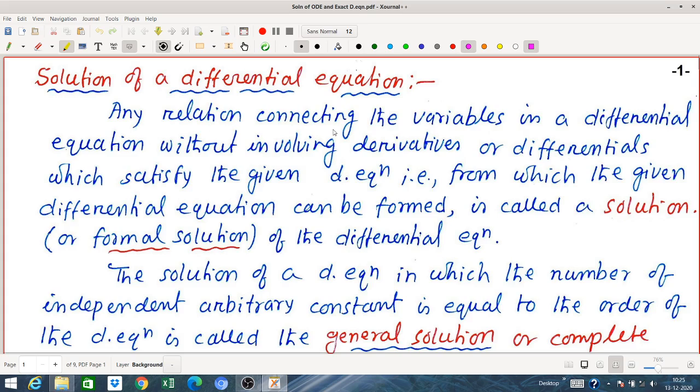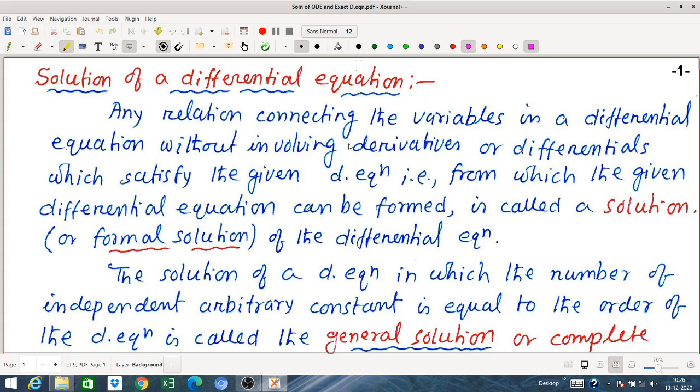Any relation connecting the variables in a differential equation without involving derivatives or differentials which satisfies the given differential equation, that is, from which the given differential equation can be formed, is called a solution or a formal solution of the differential equation.